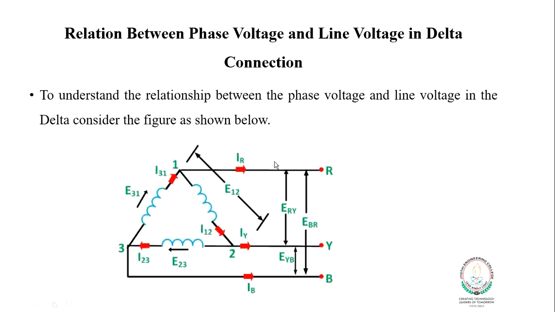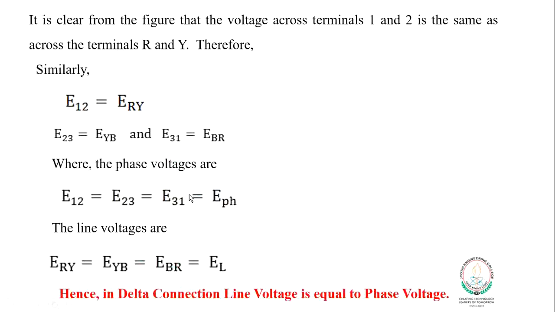So the current flowing through all the windings will be the same and the voltages will have the same magnitude. That is called a balanced system. So for a balanced system, the magnitude of E12 equals E23 equals E31, which is equal to E phase, the phase voltage.